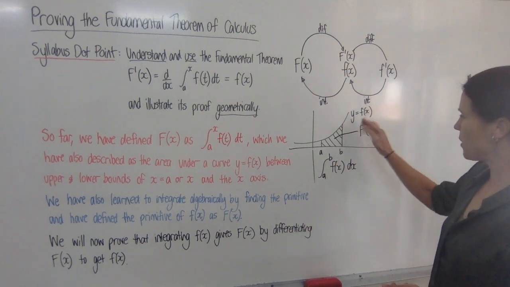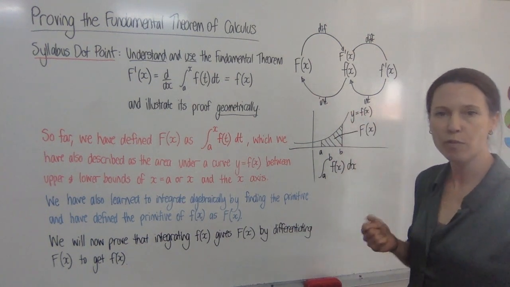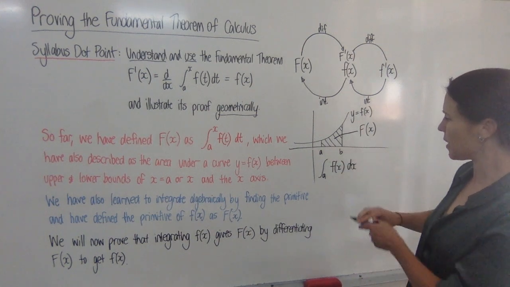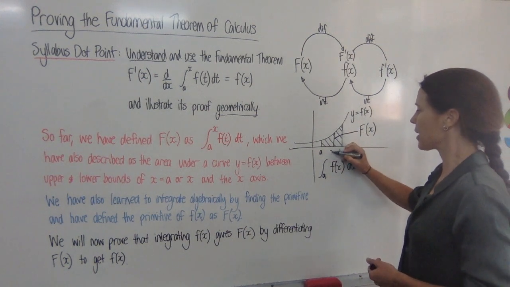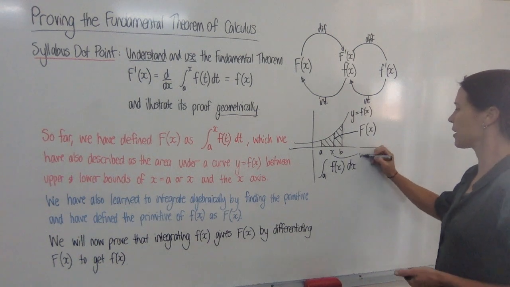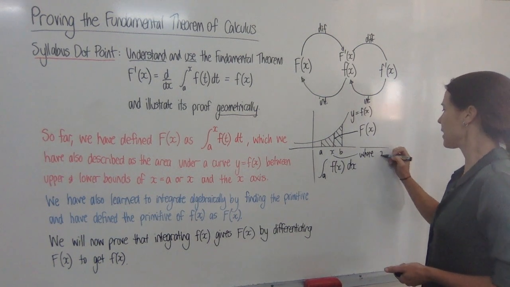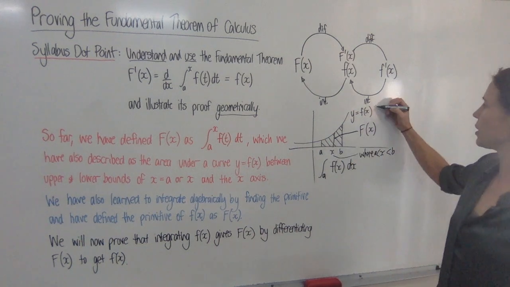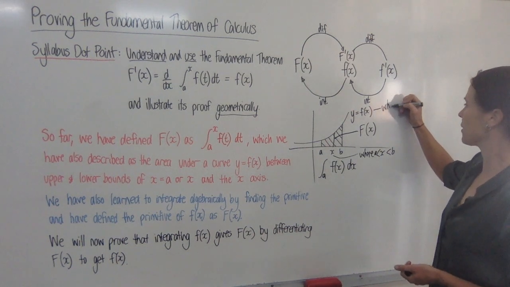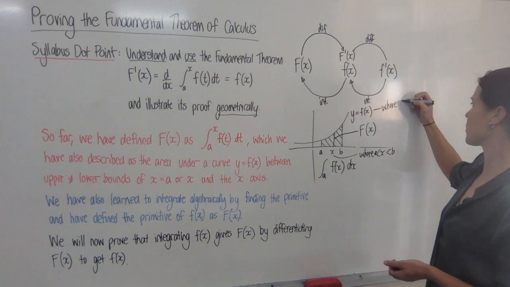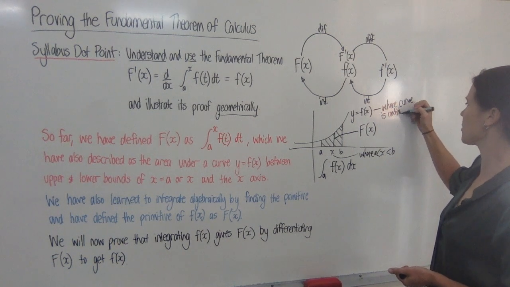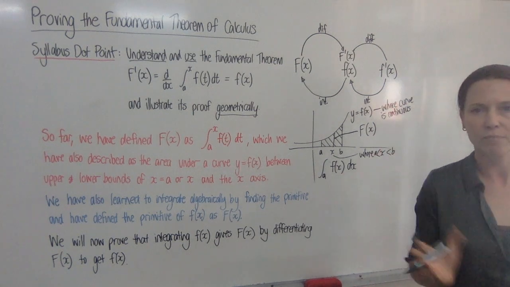So if we want to be able to sub in a movable upper bound, it makes sense then to sub in not b, but x, and let's write here a disclaimer, where x is in between a and b, and we need to say where this curve is continuous, because we know if it's not continuous, then we can't find the area underneath it.